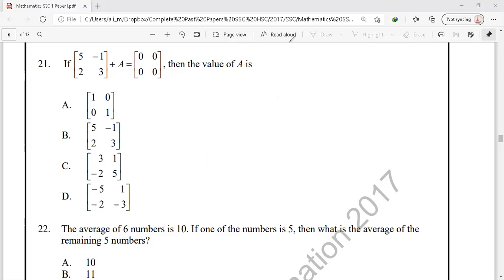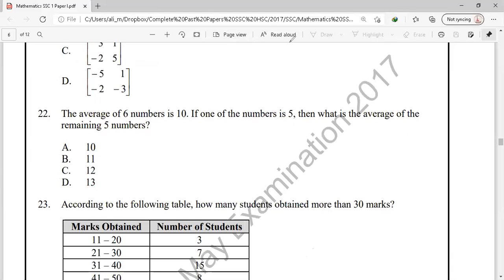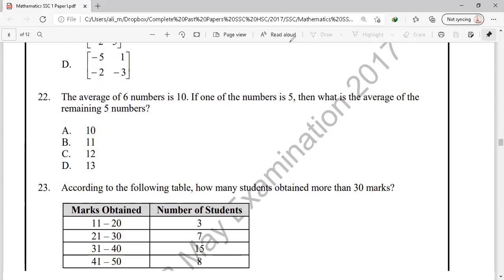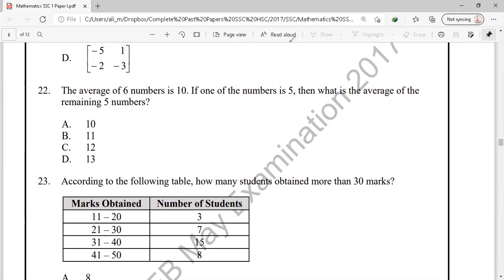Let's move to the other question, that is question number 22. The average of six numbers is 10. So let's suppose these numbers are x1, x2, x3, x4, x5, and x6.